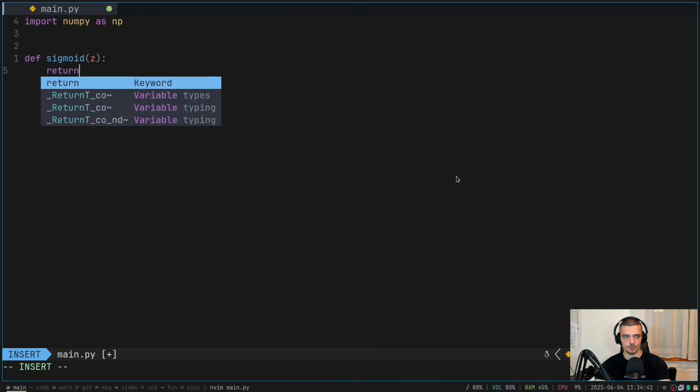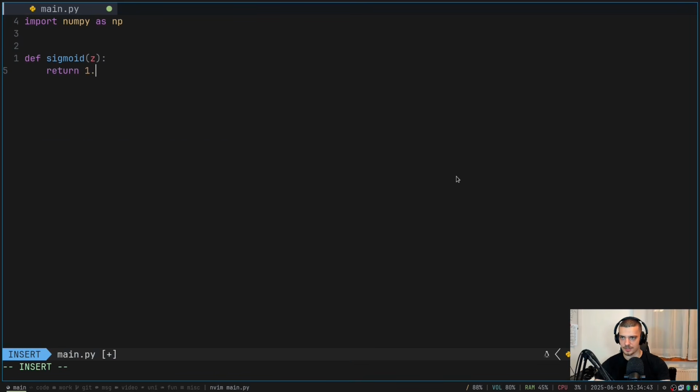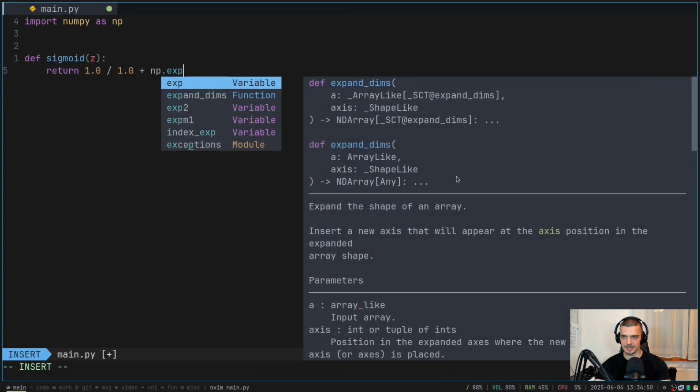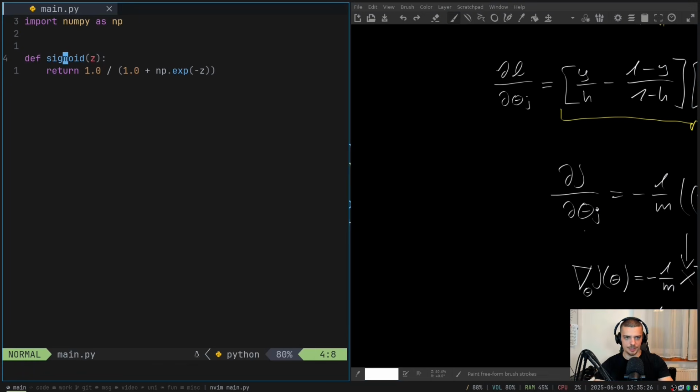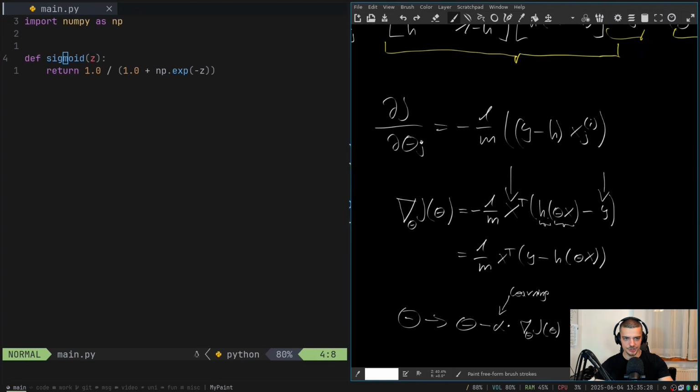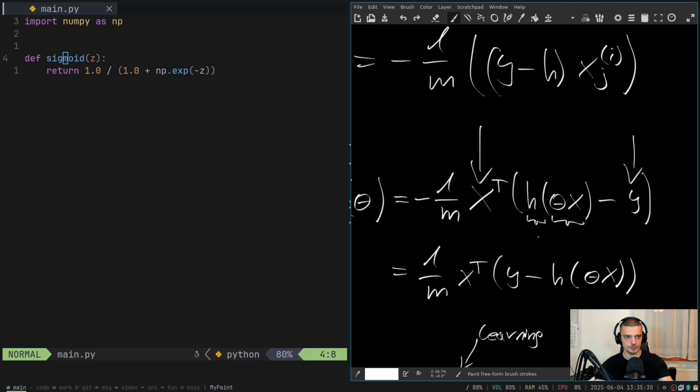We're just going to say return 1 as a float over 1 plus np.exp, so e to the power of, and of course this needs to be in parentheses, np.exp negative z. All right, so we just need that in order to apply it because it's part of the gradient. Remember, in our gradient we have here h, and h is basically just a sigmoid function.